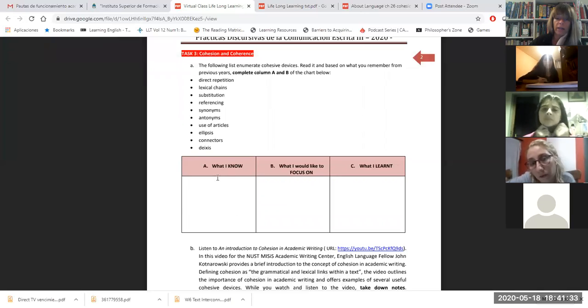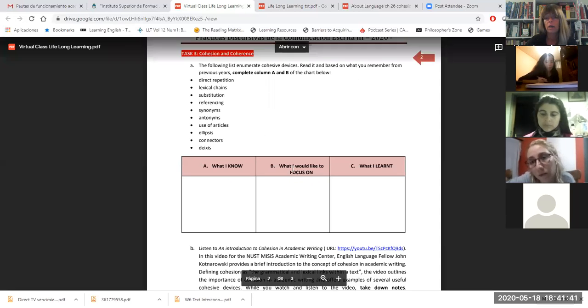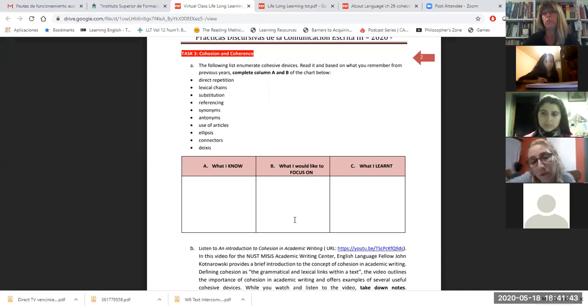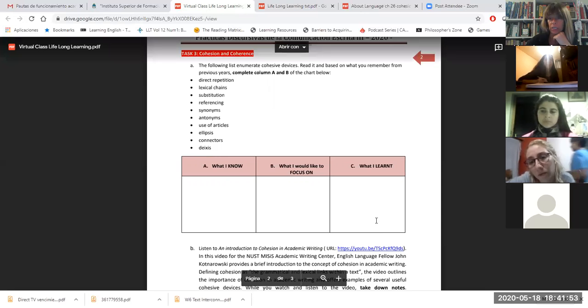So the idea is that you complete the first column with what you remember from these devices. Then in the second column, you write what you wanted to focus on, and after completing all the exercises, what you learned about it.